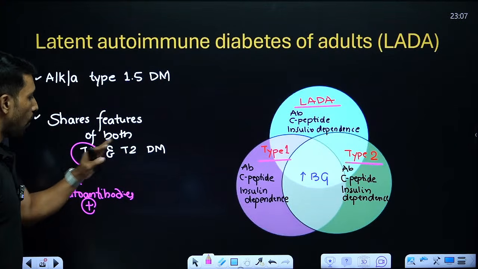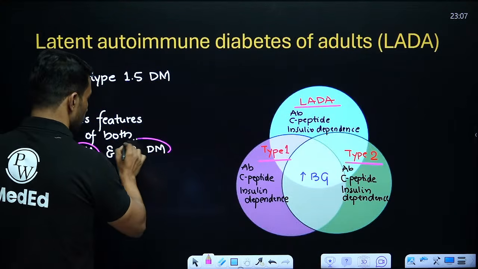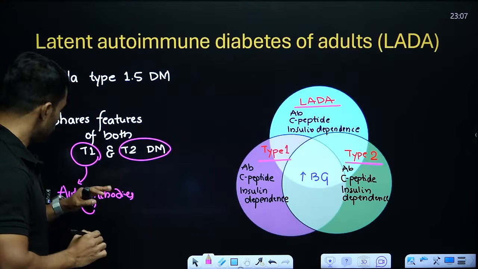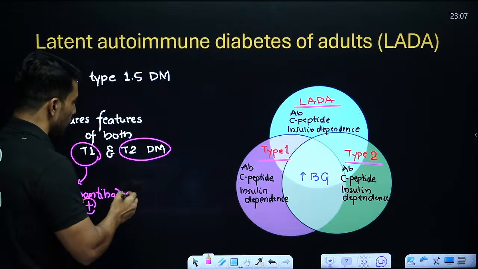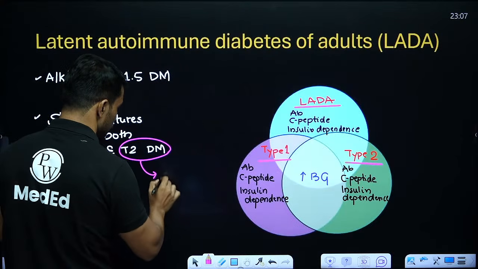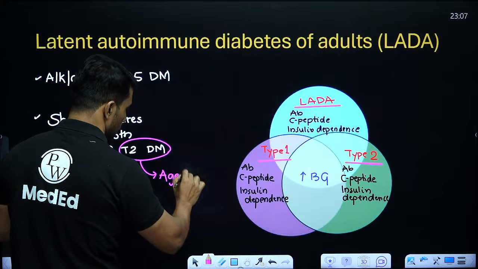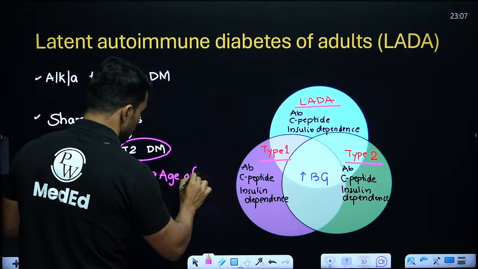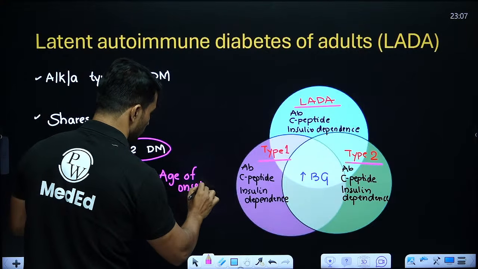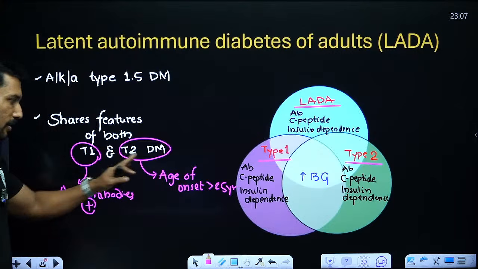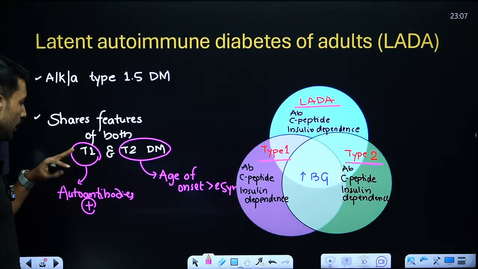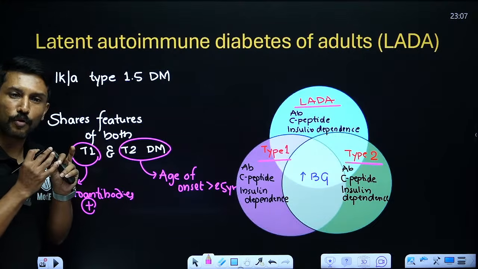Okay. Then what does it share with type 2? Usually the age of diagnosis of type 1 is less than 25 years. Now most of these patients, the age of onset is going to be more than 25 years, which is unlike type 1, right? That is the first feature. Second, in case of type 1, the insulin dependency is there right from the beginning.